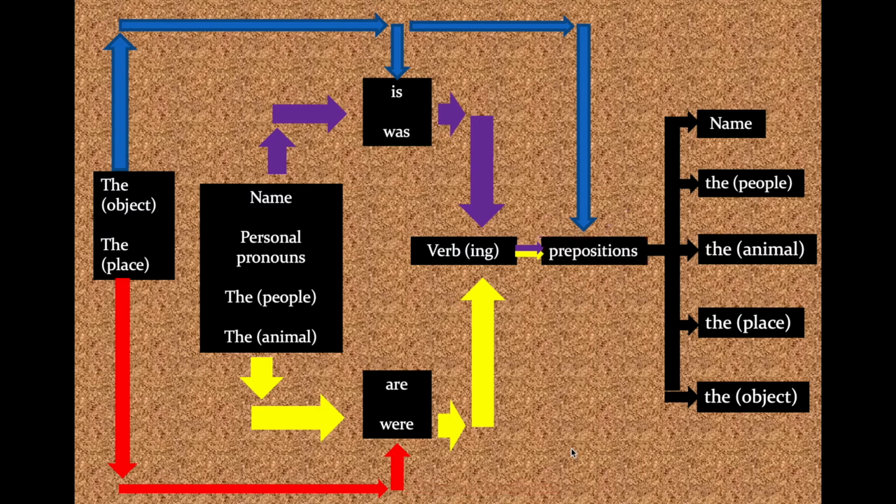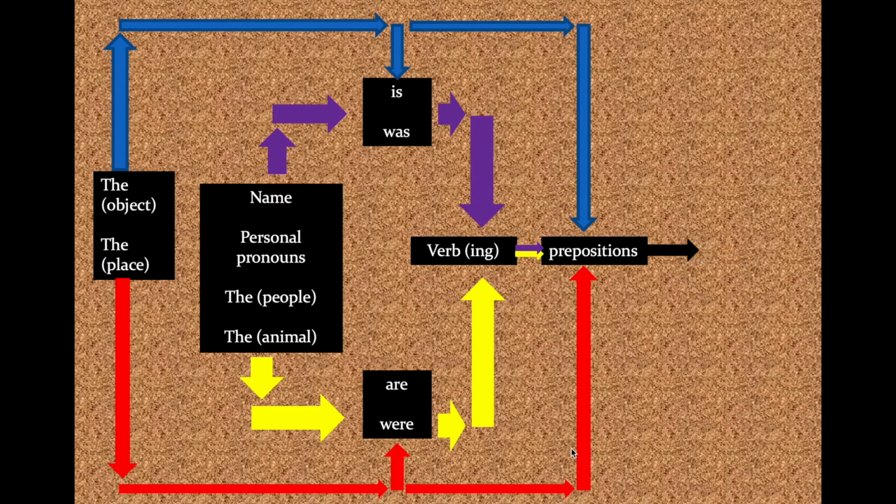For example, in, on, under, behind, beside, at. And to complete the sentence, you have to choose either one word according to the situation of your sentence. Name of people, the animal, the place, or the object.